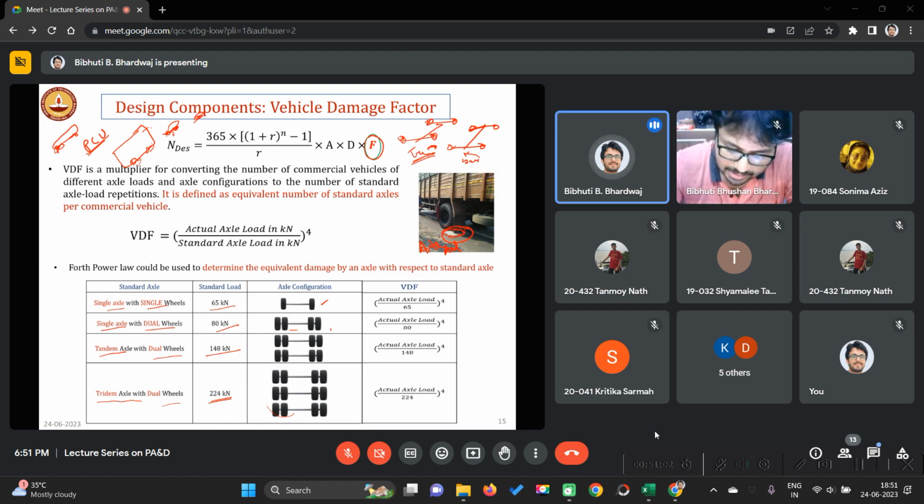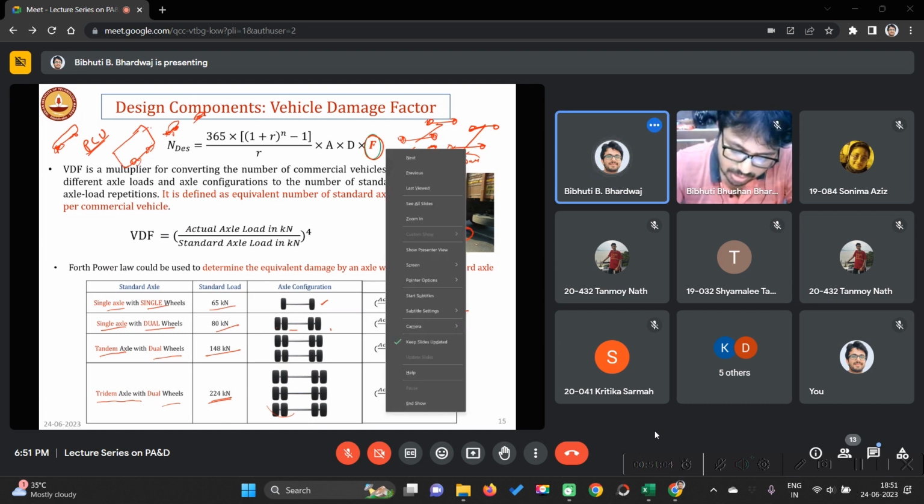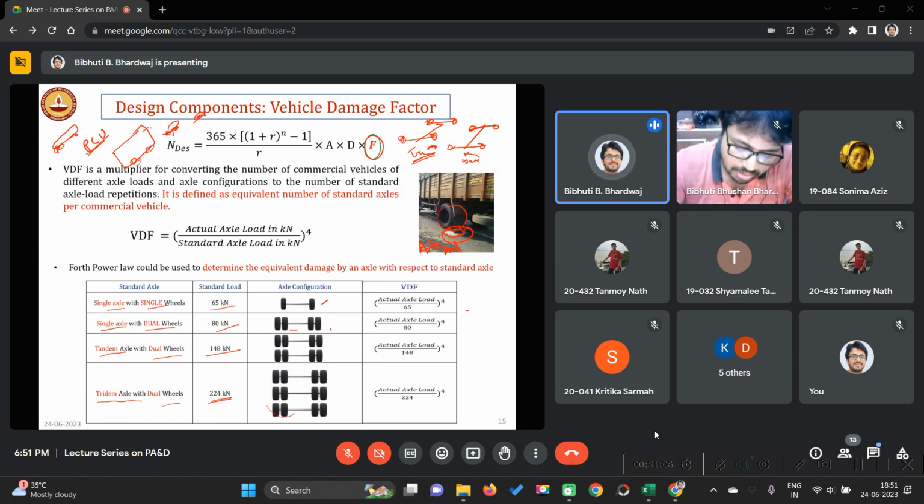Generally, if you measure only on one side of the truck, on these two wheels, then the entire axle load will simply be doubled. Here half of the load has come, the other half will come. So whatever value you get here, you simply double it.